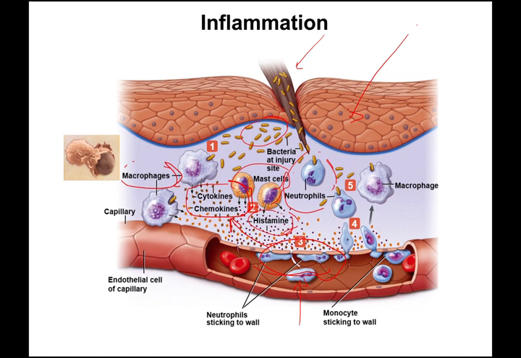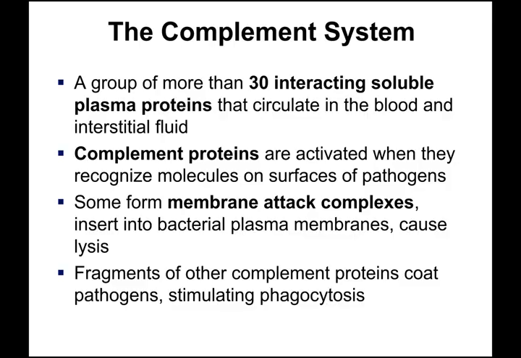Then some of these cells, macrophages, dendritic cells, and so on, will actually go back to the circulation and end up, for example, in your lymph nodes and other parts of the lymphatic system, where they will be activating the next level of defense, which is the adaptive response. Okay, this is just a summary of what we said.